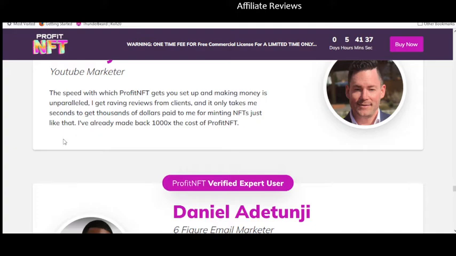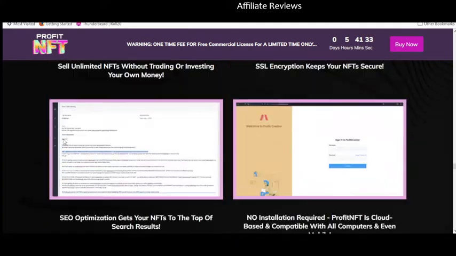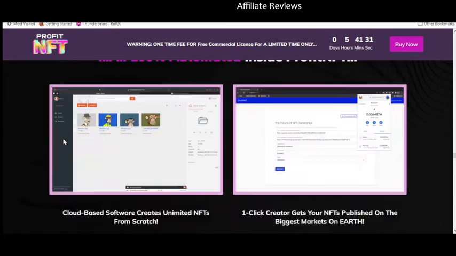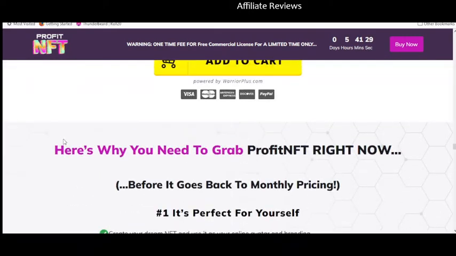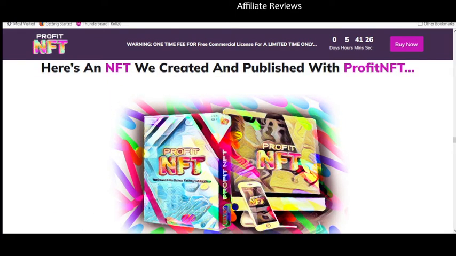Now, I do want to give you a heads up. There are going to be some upsells, some one-time offers available on this. On top of the front end at $17, there's a pro version that's going to cost you about an extra $37. There's a done for you version that will also cost about another $37.